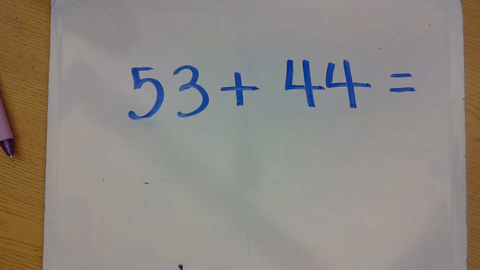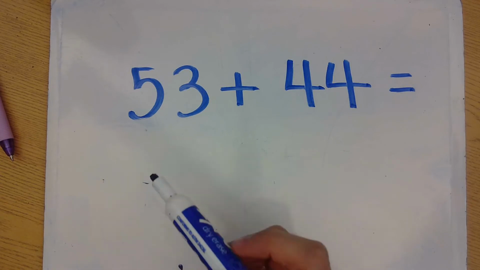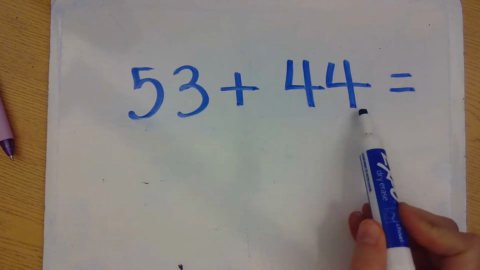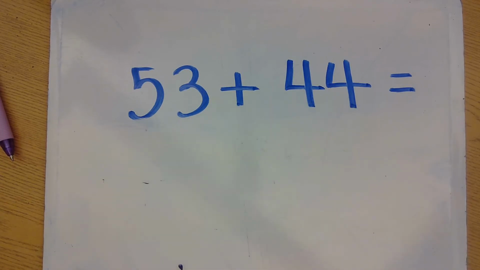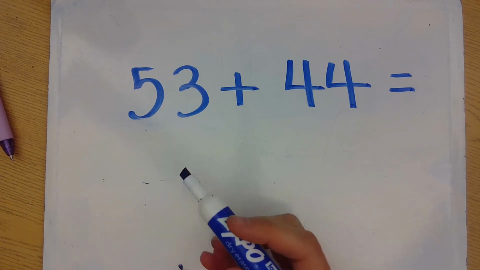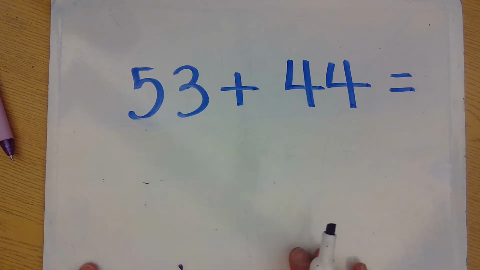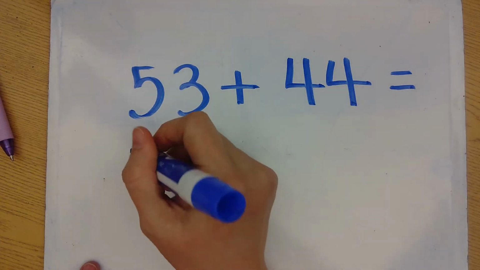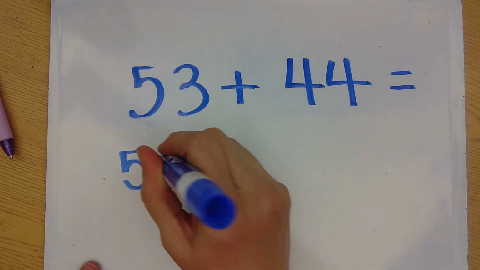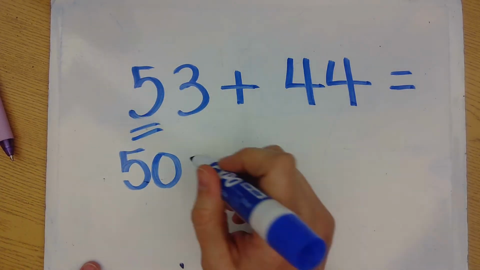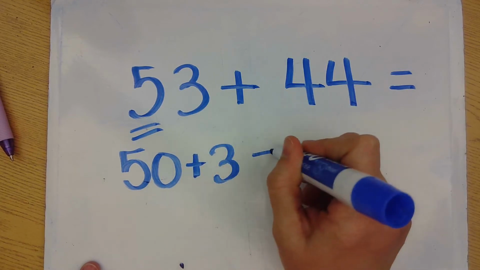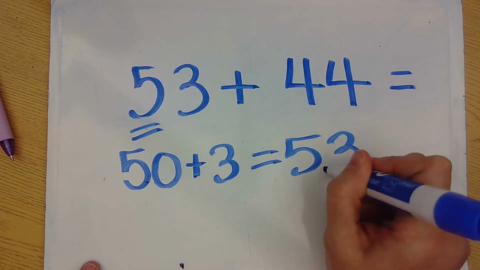There is another way to solve this problem using expanded form instead of base 10 blocks. When we think about expanded form, we think about expanding these numbers into the tens numbers and the ones numbers. So the expanded form of 53 would be 50, thinking about that 5, plus 3 equals 53.